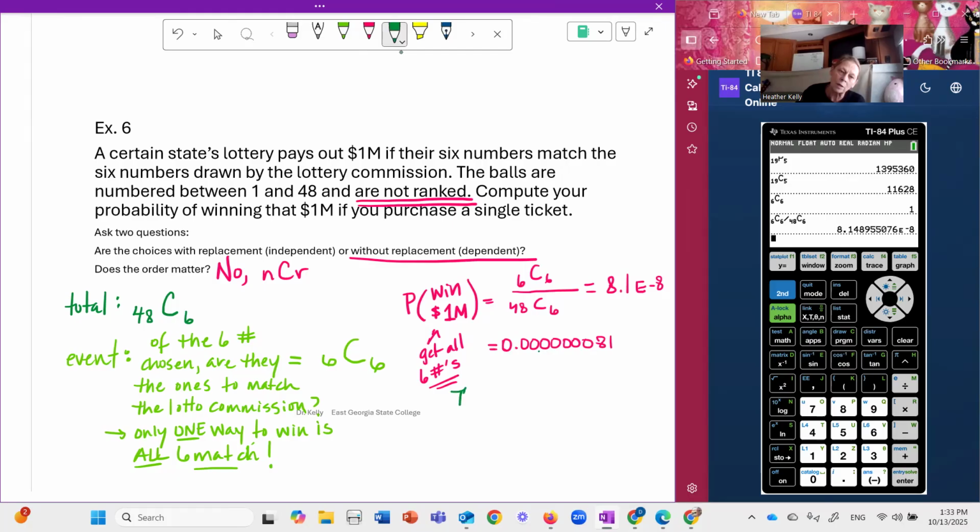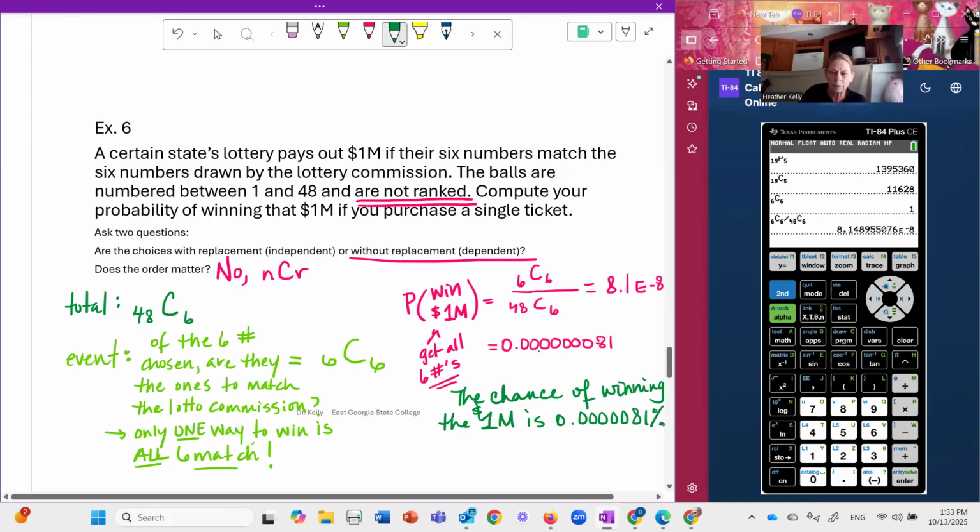So the chance of winning the $1 million is 0.12345 zeros. And let's just for fun see: tens, hundreds, thousands, 10,000s, 100,000s, millions, 10 millions, 100 millions, trillions.